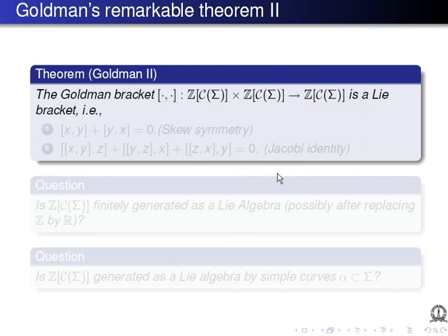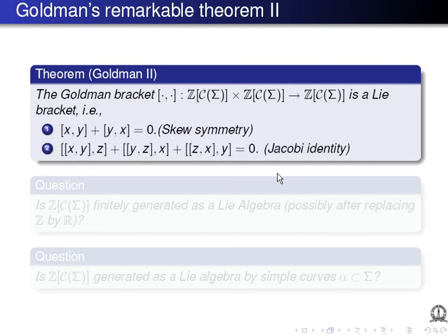We have a functional from one abelian group cross another, cross itself to itself. It takes two elements in an abelian group and gives one. It satisfies the skew symmetry property as well as the Jacobi identity, which is the skew symmetric form in some sense of associativity. It's a very important and natural property. So the Goldman bracket remarkably satisfies these two properties.